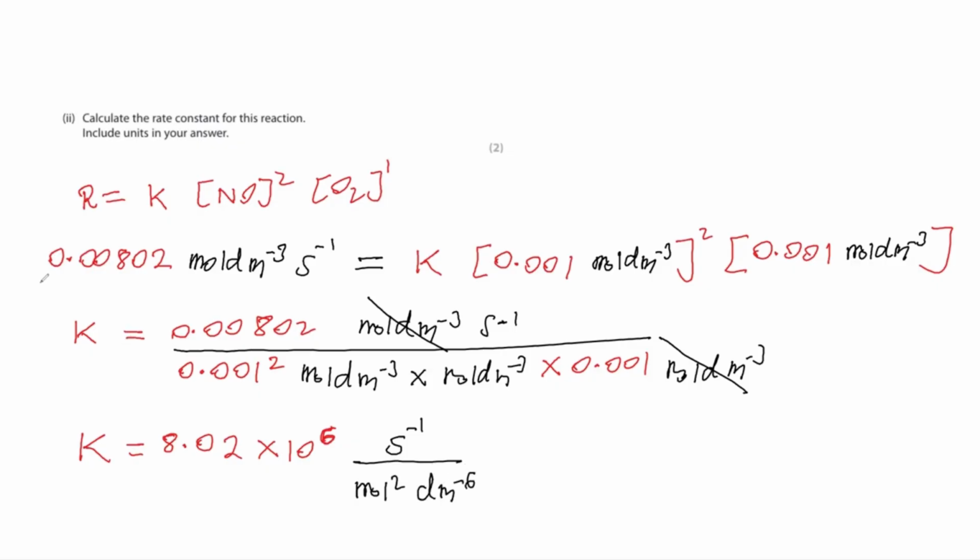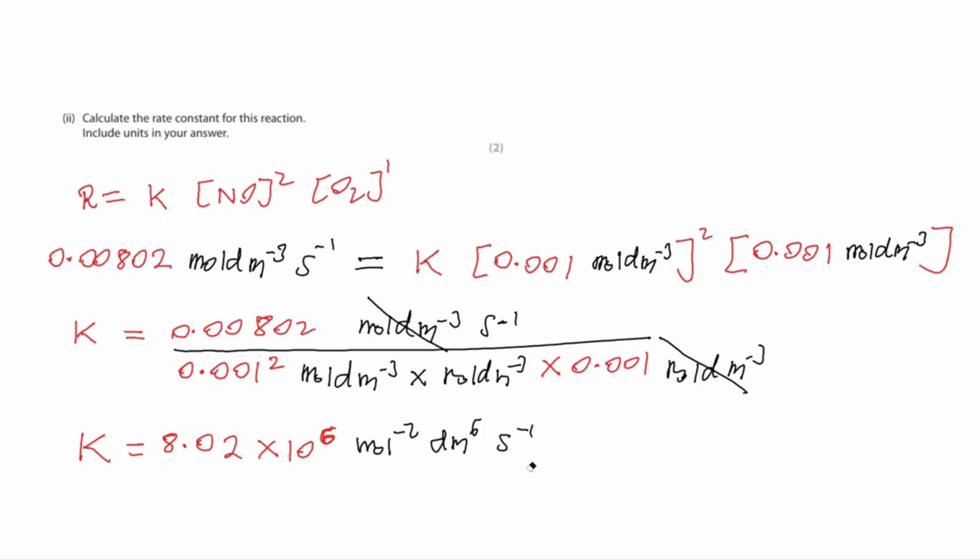If you take them up and write them together, mole squared comes up as mole minus 2, and dm minus 6 comes up as dm plus 6, and per second. So this is our answer: 8.02 times 10 to the power 6 mole minus 2 dm6 per second.